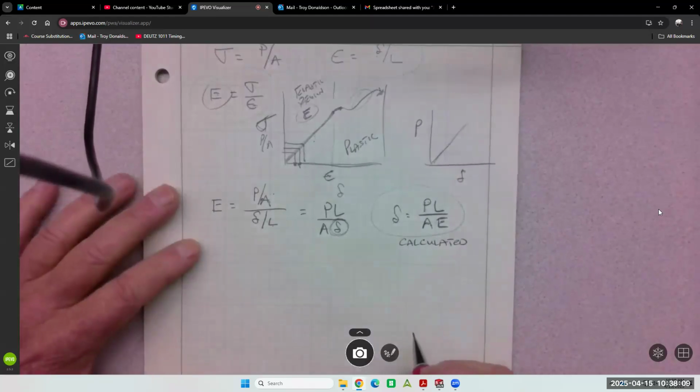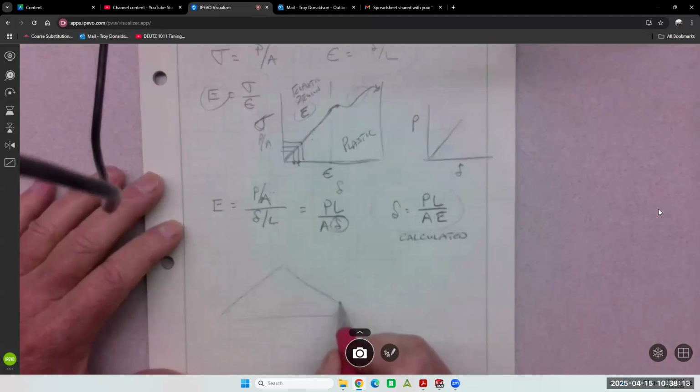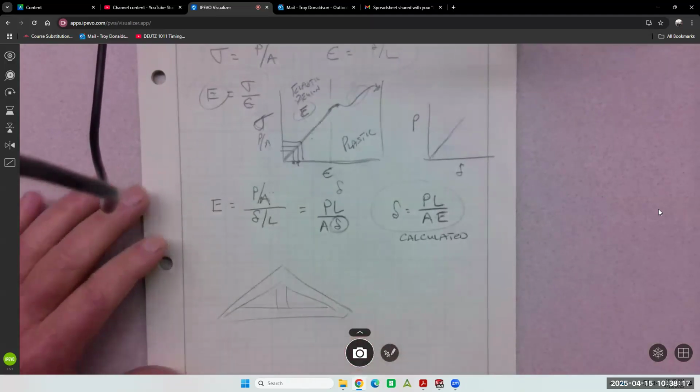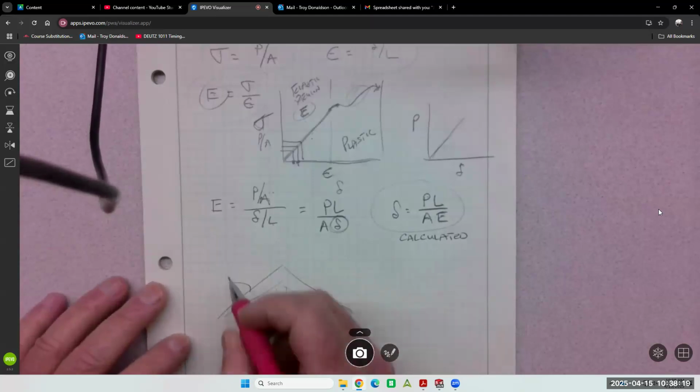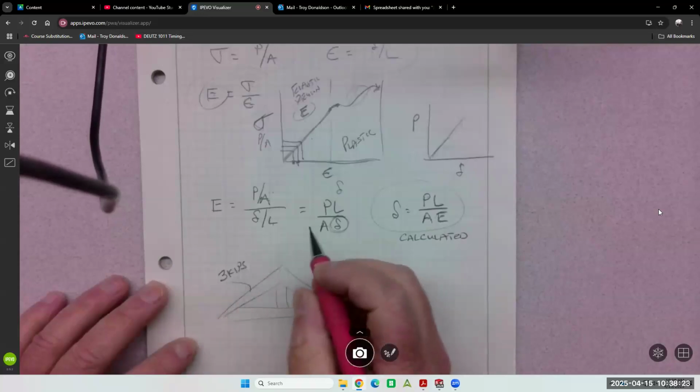Oh, let's just make it up. Let's have our truss. We have our truss here, and it's got some upper chords and lower chords, right? And we determined this thing to be in 3 kips tension.